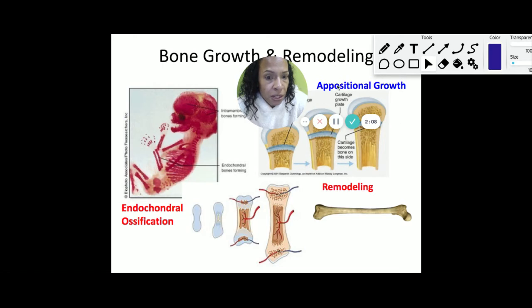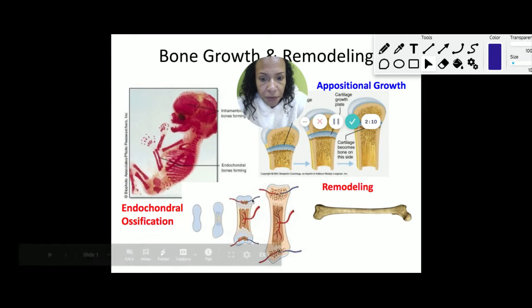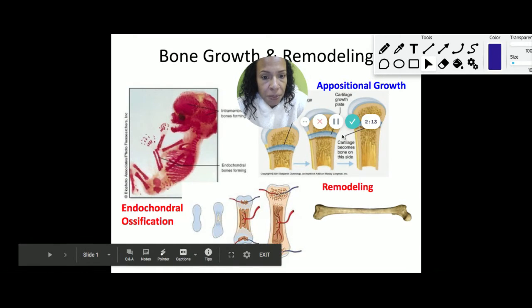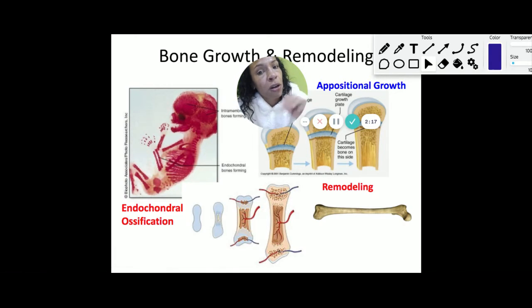And then we transition to appositional growth. So after we've created bone, we end up with small little holdouts of hyaline cartilage that can still grow and turn into bone, but they're restricted now to a few little regions. And some of those we've seen in the long bone, and that's the epiphyseal plate. And so as our plates are open, they can constantly grow new bands of cartilage. And on the other side, ossify old bands of cartilage, thereby extending the length of our bones.